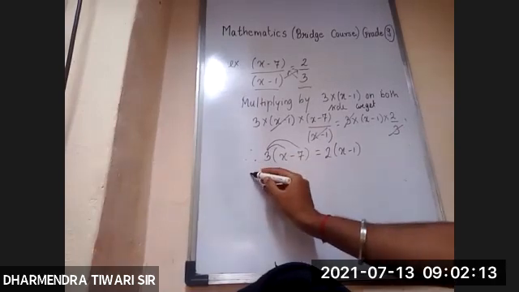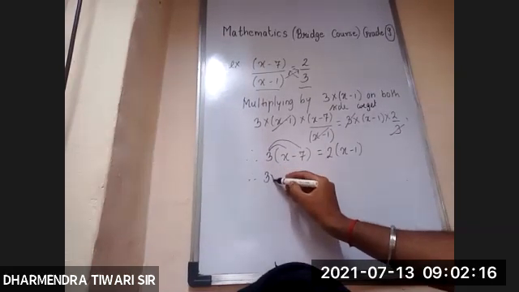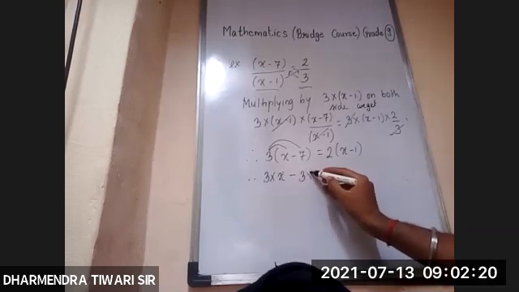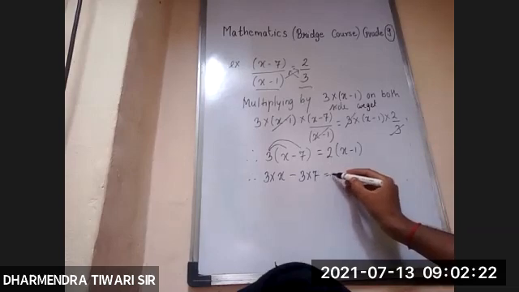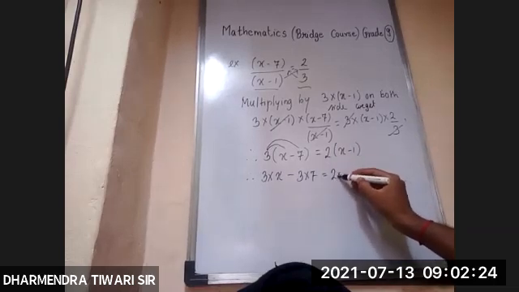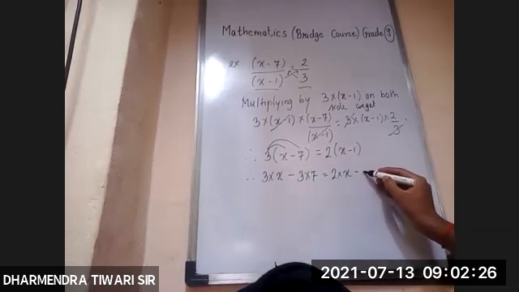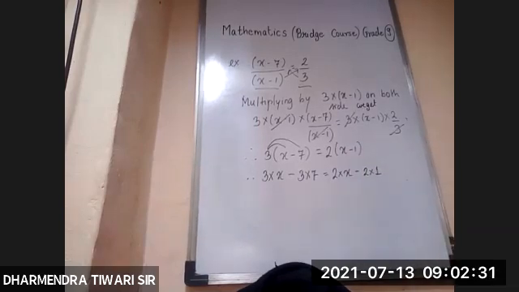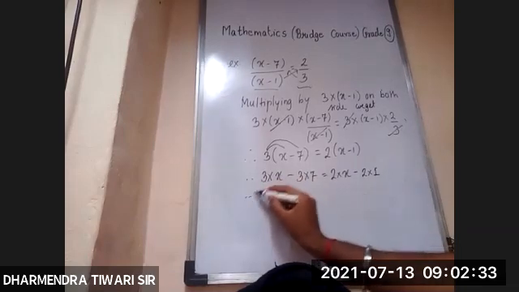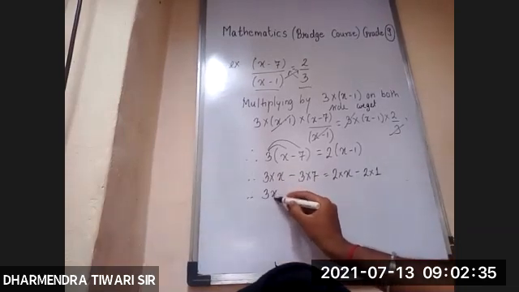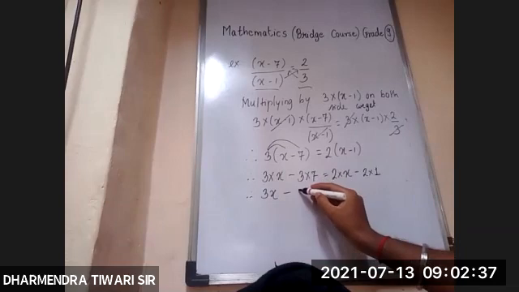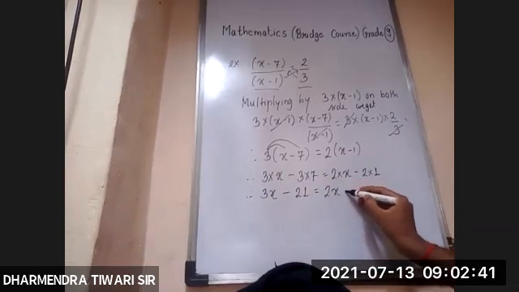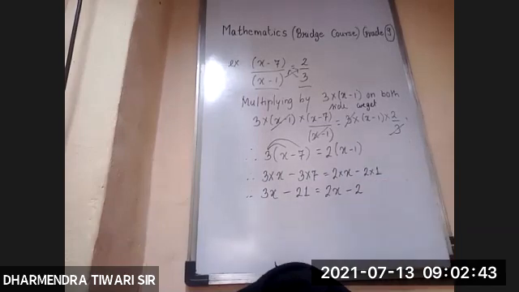So we can write this as 3 into x minus 3 into 7 is equal to 2 into x minus 2 into 1. So therefore, 3 into x is 3x, 3 into 7 is 21, 2 into x is 2x, minus 2 into 1 is 2.